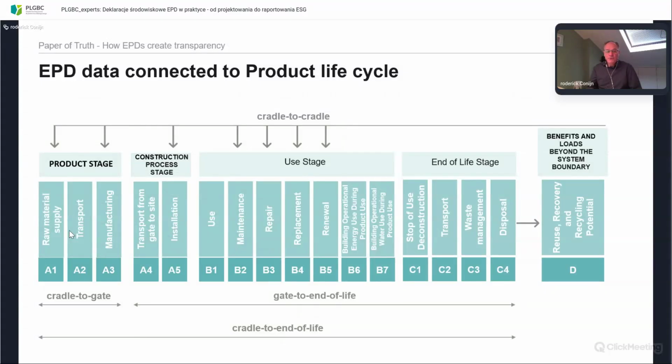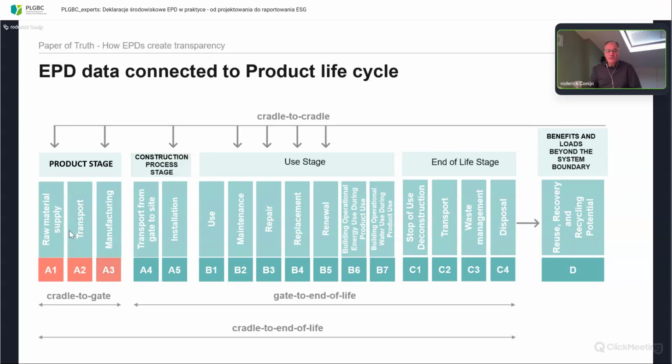If using an EPD, you will see that you will have different stages of the life cycle of a product, and this can be daunting to see, but what you need to remember, and this is quite important, is that we are mainly focusing on the production stage of a product, being the raw materials, the transportation of the raw materials to our factory, and then the manufacturing of the product.